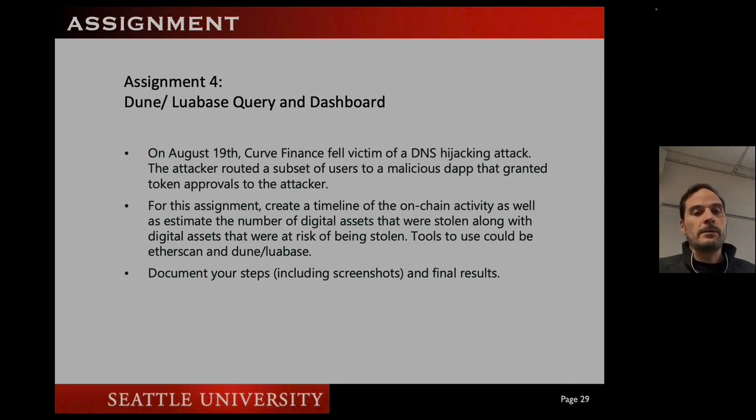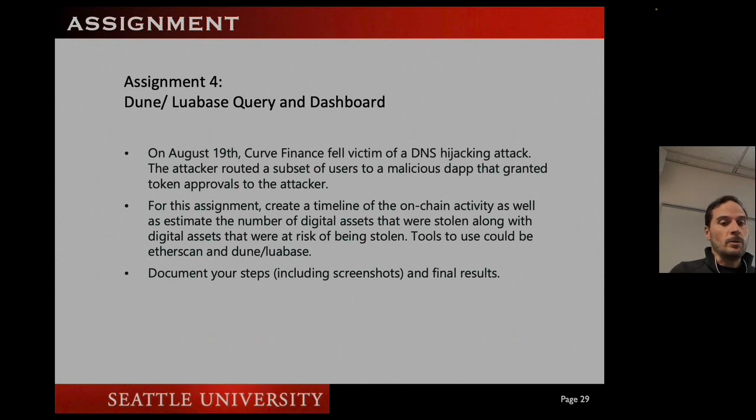And so for this assignment, I would ask you to create a timeline of the on-chain activity, as well as estimate the number of digital assets that were stolen, along with the digital assets that were at risk of being stolen. So the ones that are stolen means essentially the attacker transferred them out of the wallet. And the digital assets that were at risk means the attacker had approval to move the assets, but didn't transfer them.